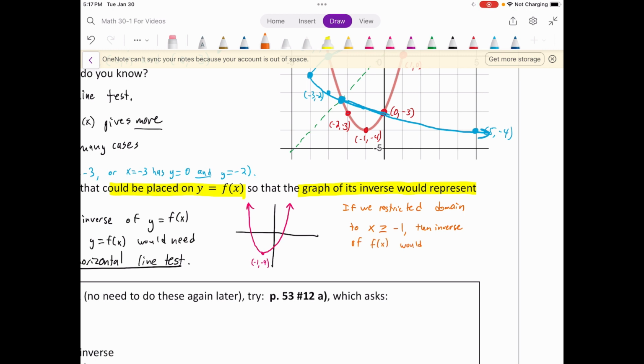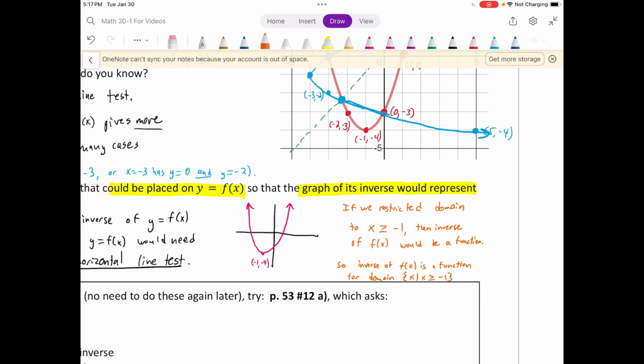The original would pass the horizontal line test on that domain, right? So we could say inverse of f of x is a function for domain the set of all x's such that x is greater than or equal to -1. That's definitely one that would get it done.